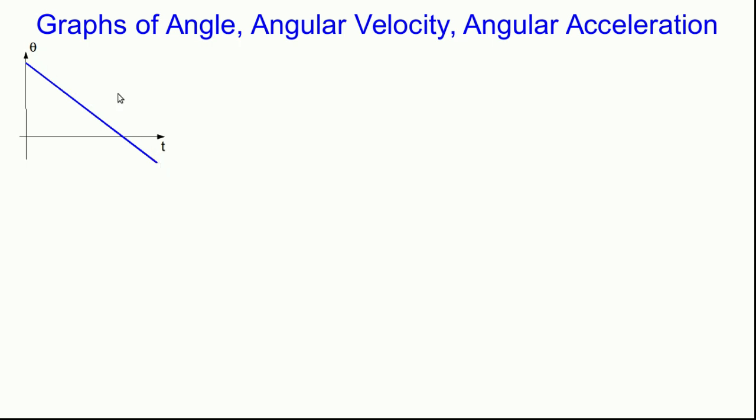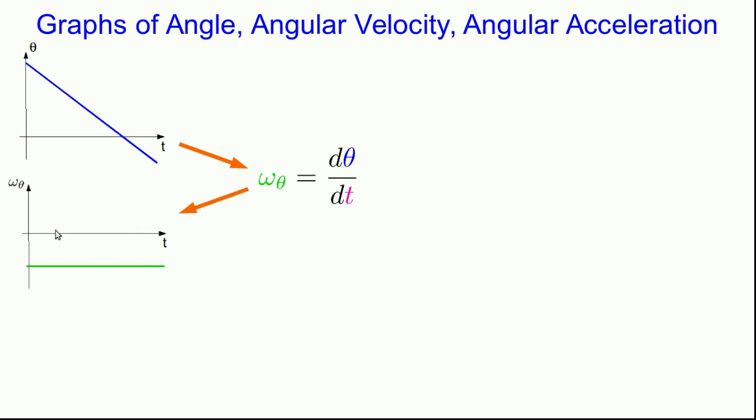Well, we know that we can draw an angular velocity graph from it because the angular velocity is just the slope of the angle versus time graph. That's what this equation is saying. And so we can look at this and see that it has a constant negative slope. And so the angular velocity versus time graph must look something like this.